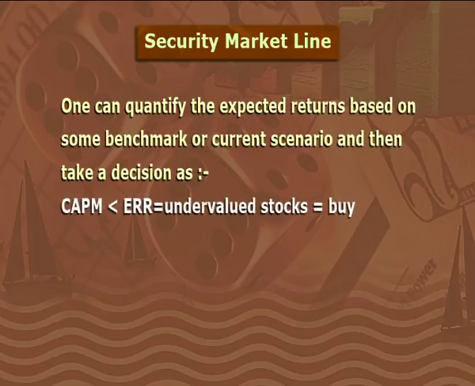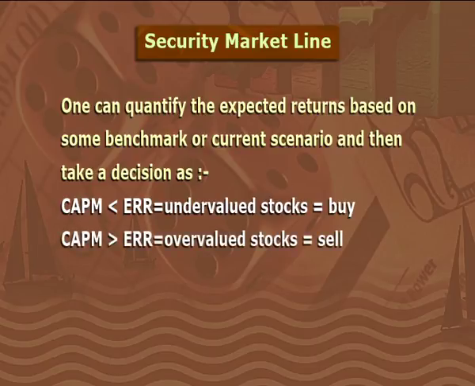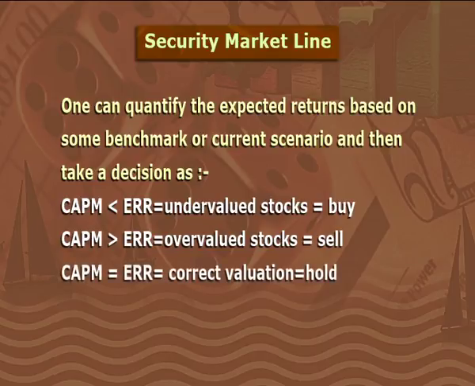If CAPM is less than expected rate of return, the stocks are undervalued and hence can be bought. If CAPM is greater than expected rate of return, the stocks are overvalued and hence can be sold. If CAPM is equal to expected rate of return, the valuation seems to be correct and the investor can hold the same.